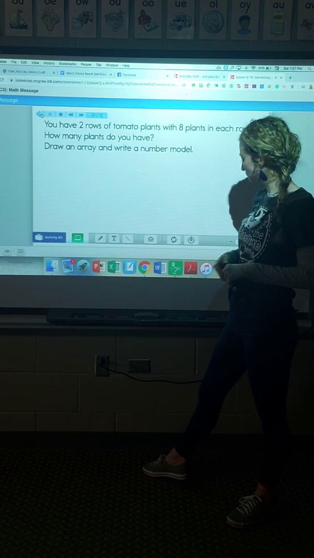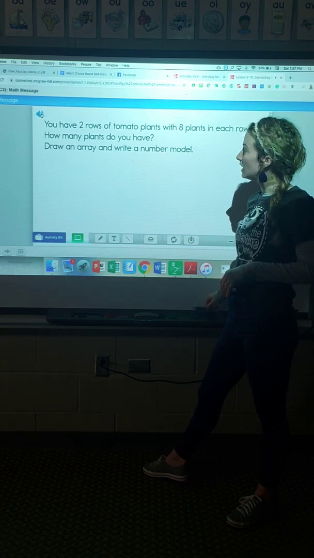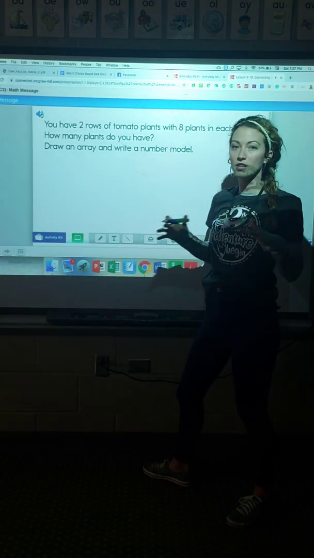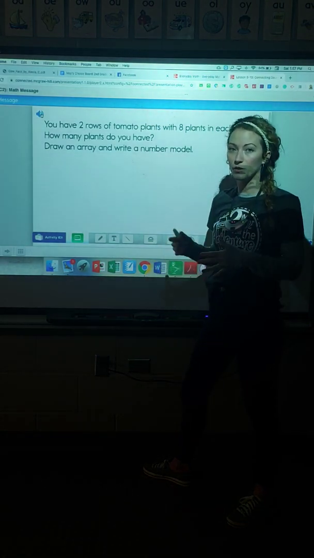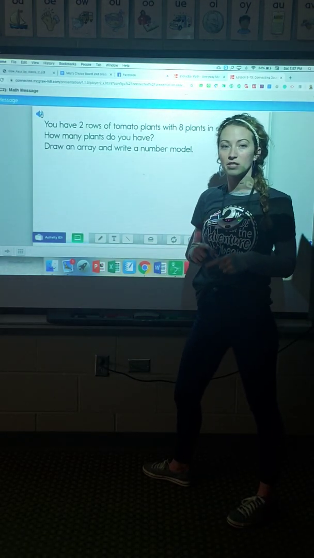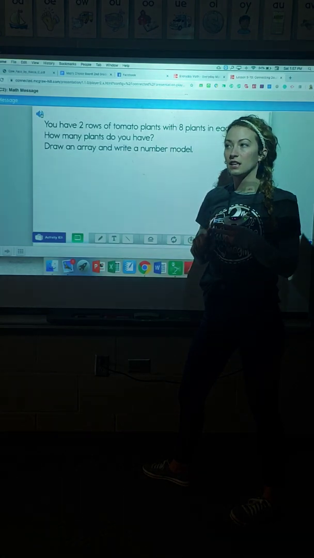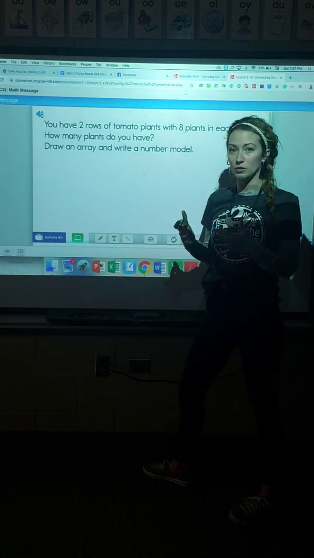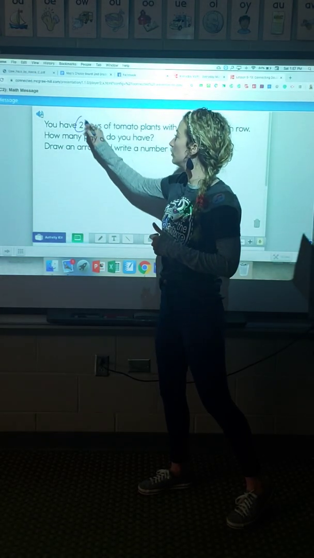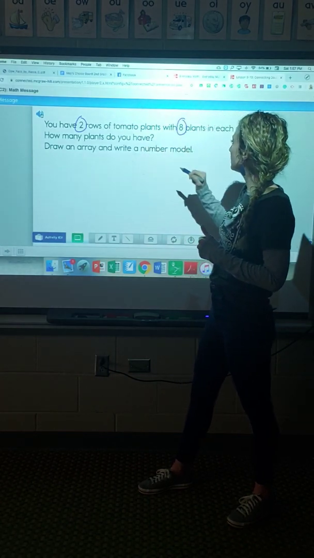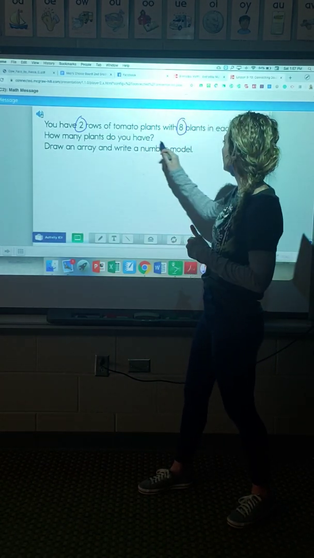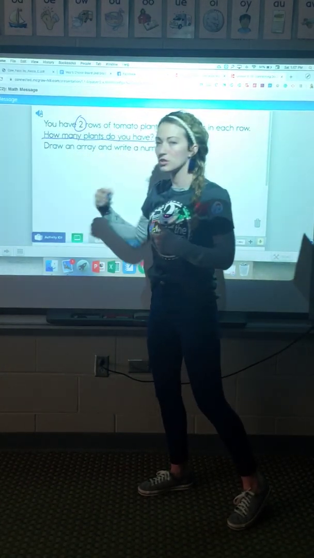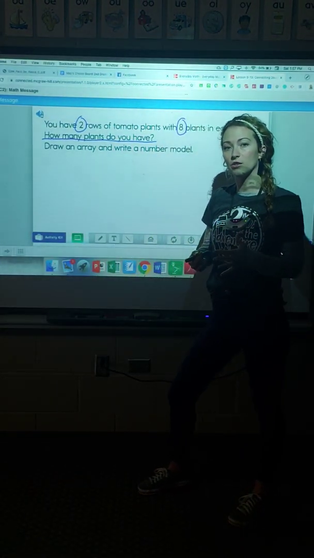Draw an array and write a number model. Good. So first we have to always find the important information. And the important information, remember, is the numbers and telling us what to do with those numbers. So I see a 2 and I see an 8. And then it says, how many plants do we have? So we're just going to add them together, but let's follow the directions.